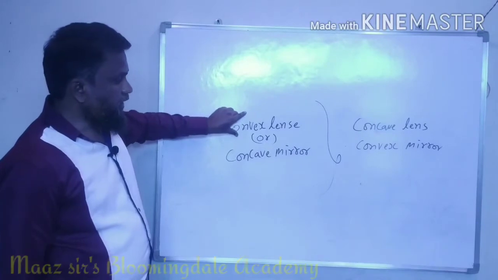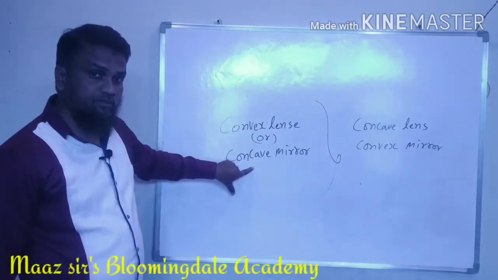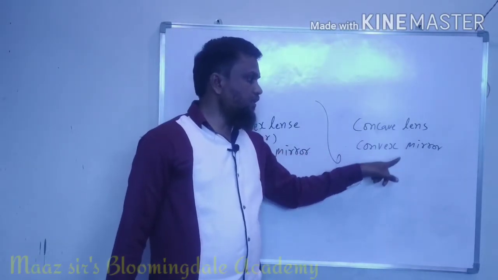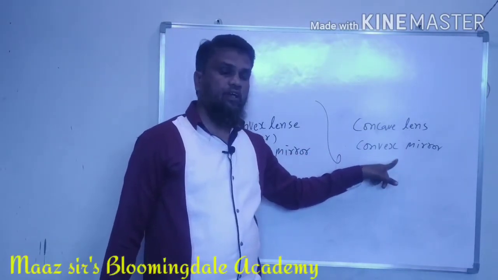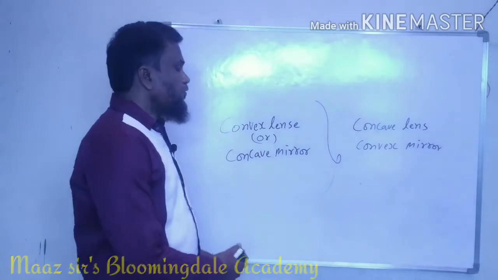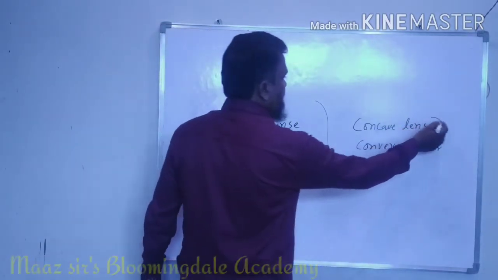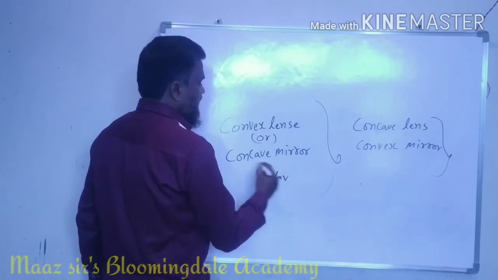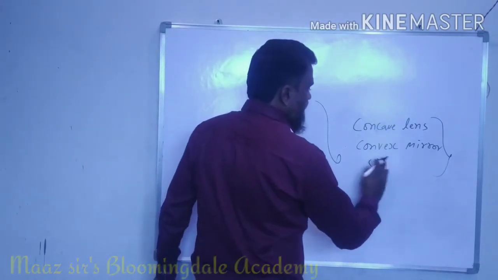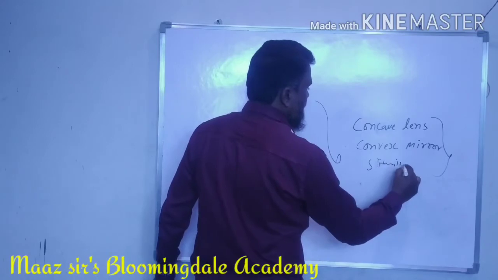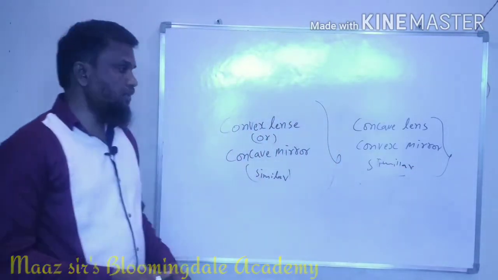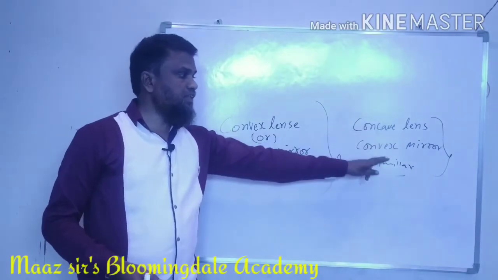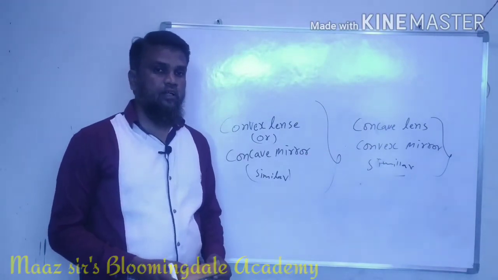A convex lens behaves as a concave mirror, whereas a concave lens is similar to a convex mirror. Both are similar to each other. So this is the thing you have to remember: a convex lens is equal to a concave mirror and a concave lens is equal to a convex mirror.